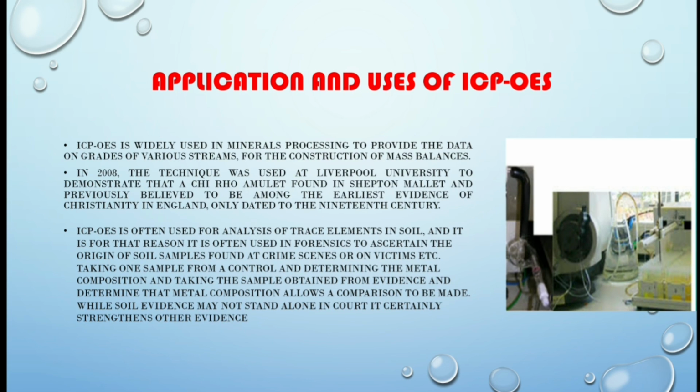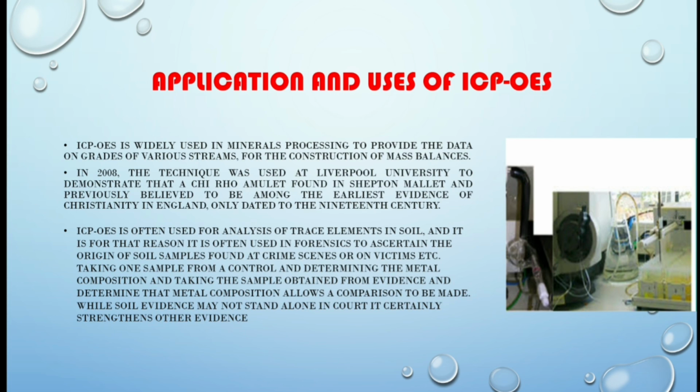Now talking about the applications and uses of ICPOES. ICPOES is widely used in minerals processing to provide data on grades of various streams for the construction of mass balances.